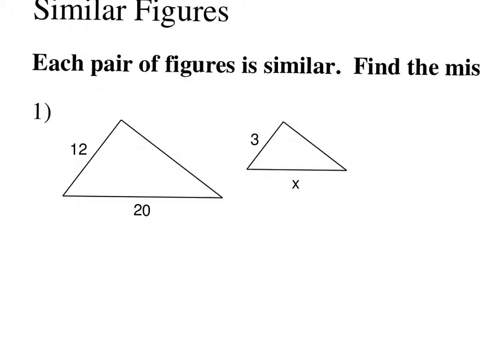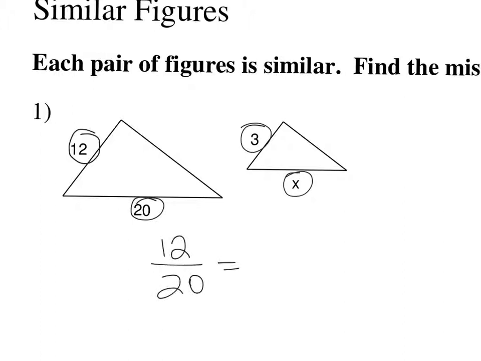So I'm going to compare the corresponding sides of 12 and 3 to the corresponding sides of 20 and x. So if I put that in proportion form, because I know it has got to be proportional, I can put 12 over 20 has to be equal to 3 over x.